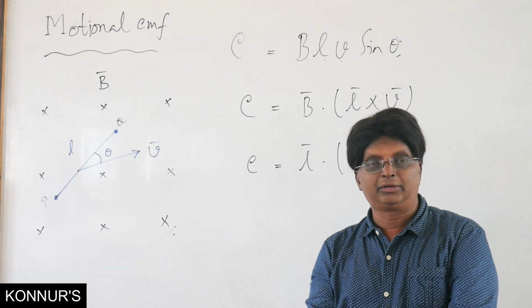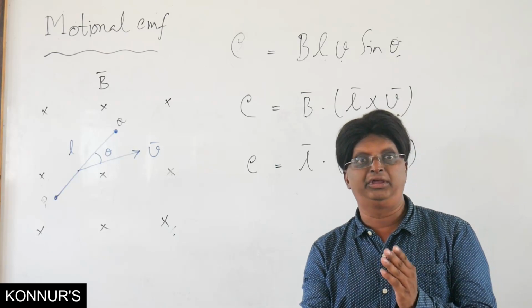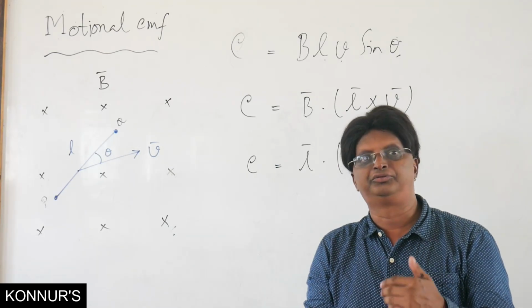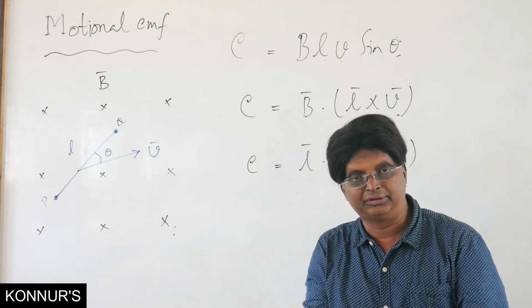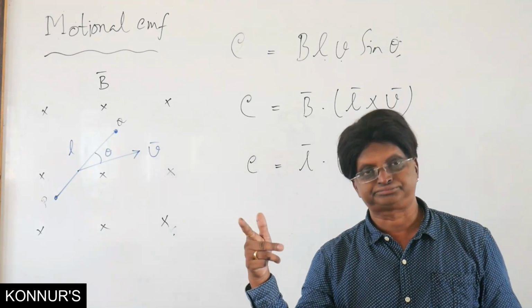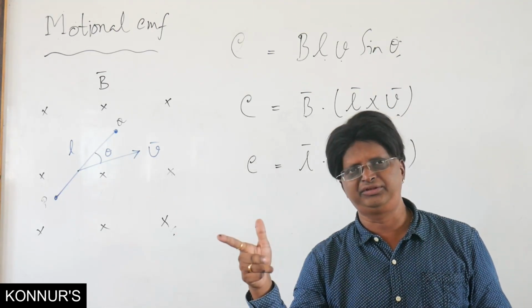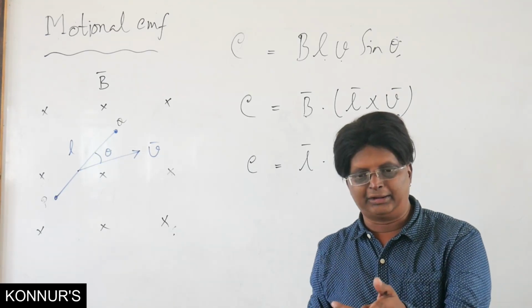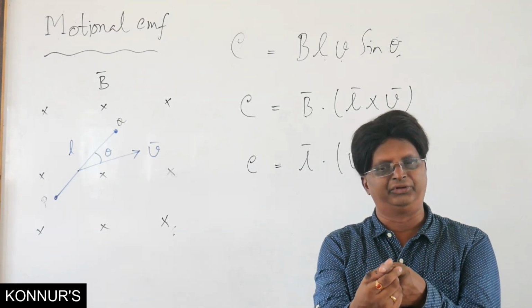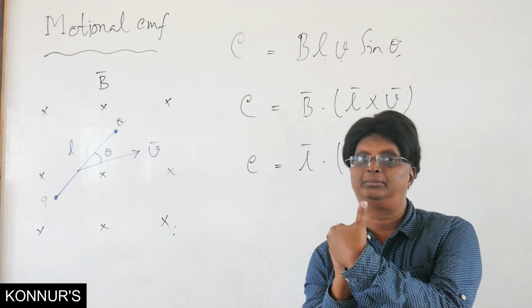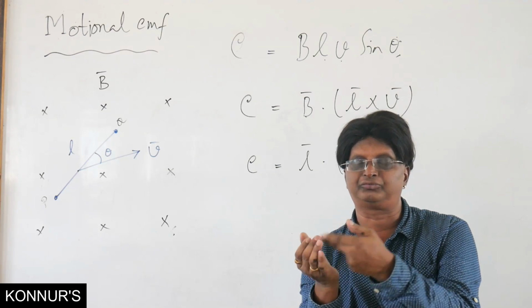Now, what will be the direction of induced current? Induced EMF gives rise to induced current. For the direction we use Fleming's right hand rule. In Fleming's left hand rule earlier, you remember, the index finger was the magnetic field and the central finger was for current, and finally the thumb was the direction of magnetic force.